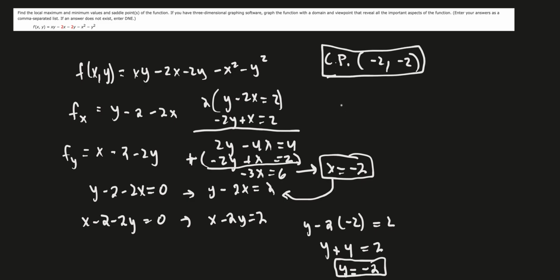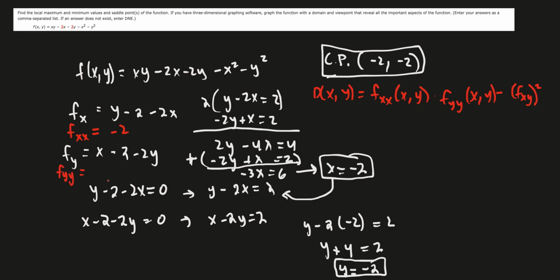So we have to determine if it's a local max, min, saddle point, or if we can't determine it at all. So let's see. We want to find D of x y, which is f xx at x y times f yy at x y minus f xy squared. First of all, finding f xx is not too hard because we already have f x. So f xx is the partial derivative with respect to x, treating y as a constant, so this is minus 2.